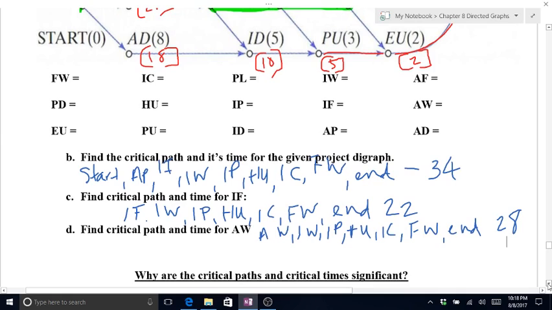Again, if you take your time and think through these, you'll be okay.